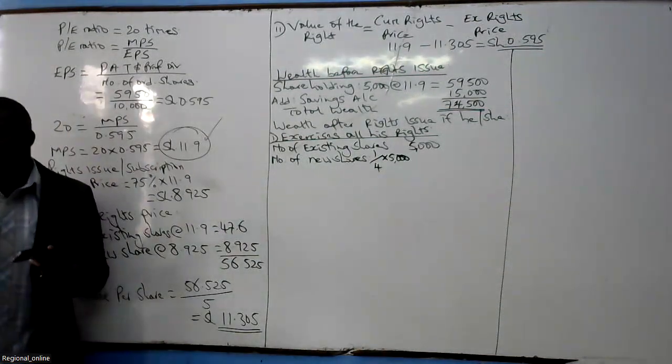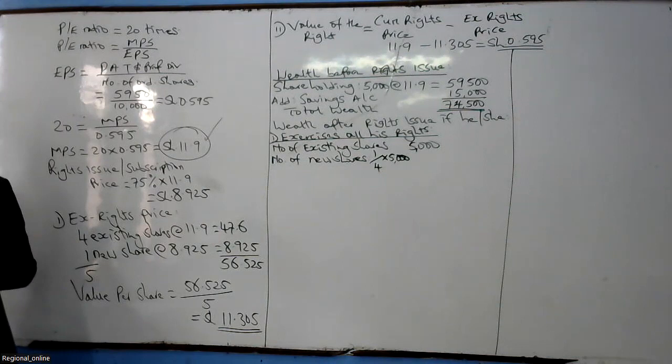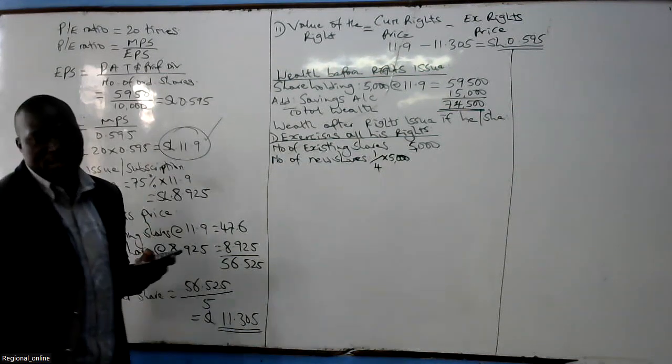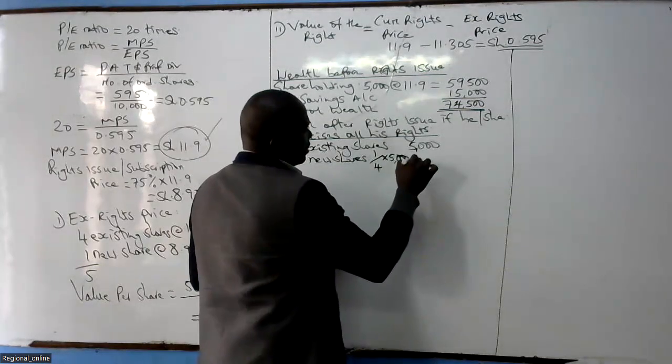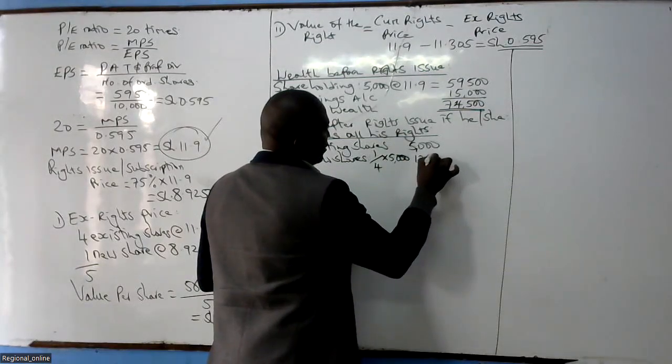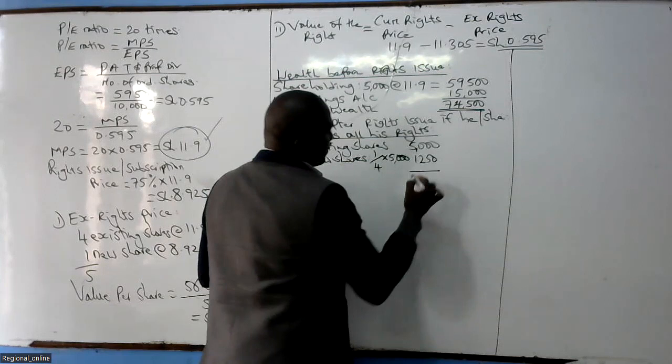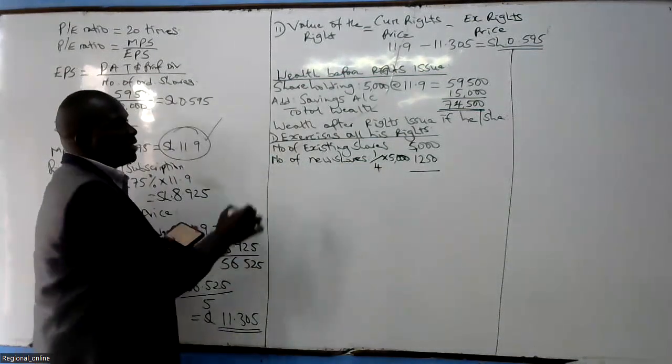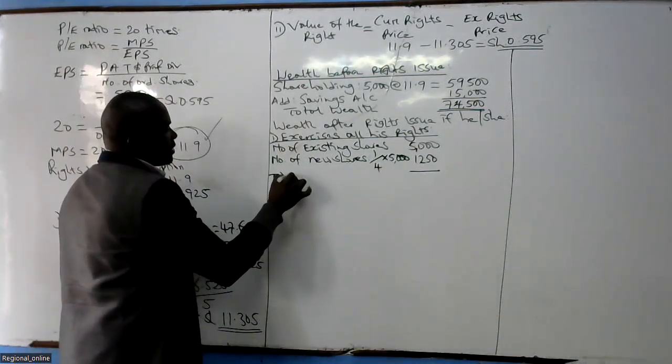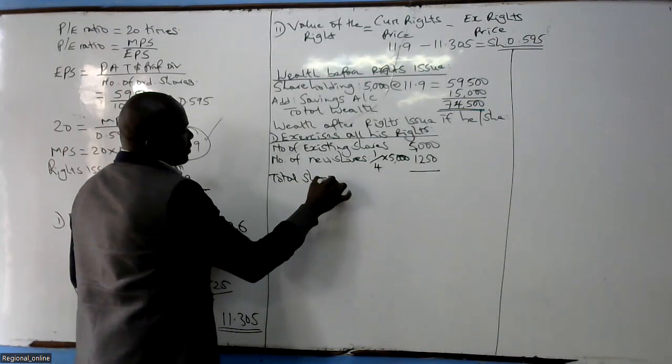So for every 4 shares you get 1 new. How many new shares do you get from the 5,000 shares? 1,250.